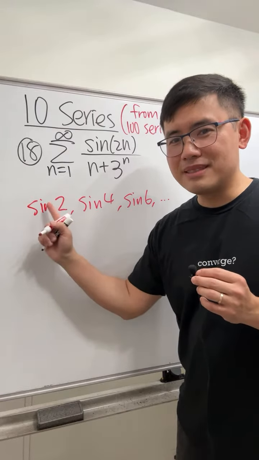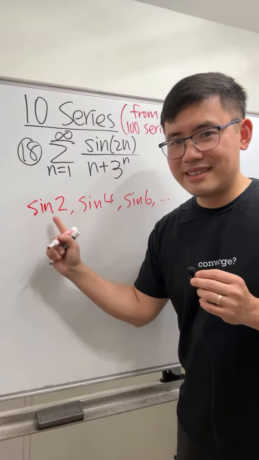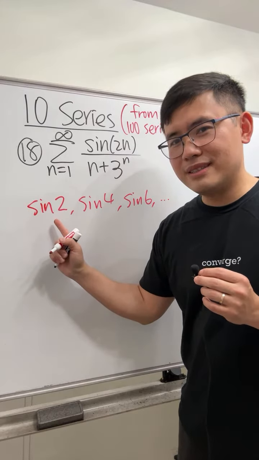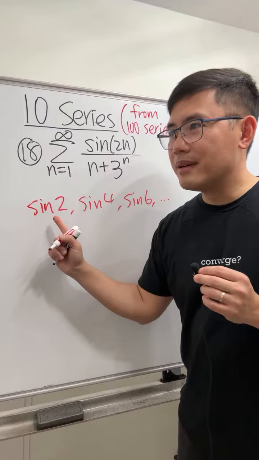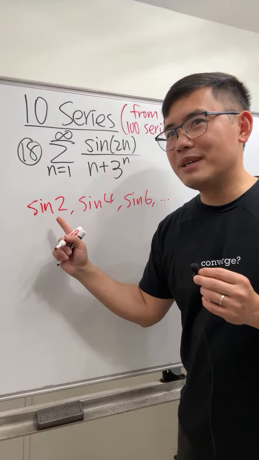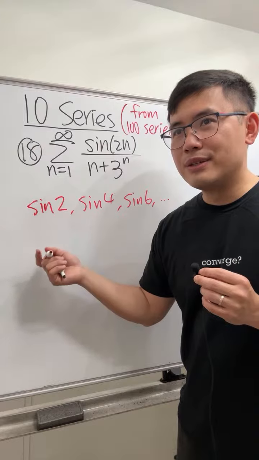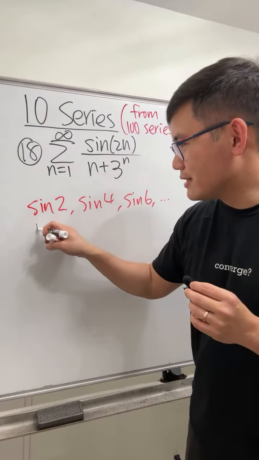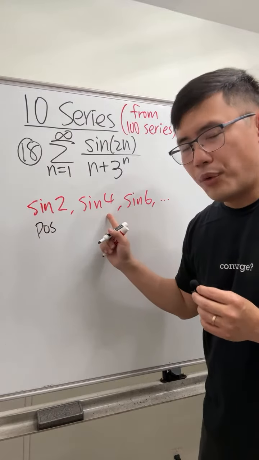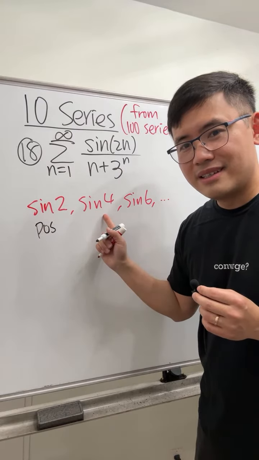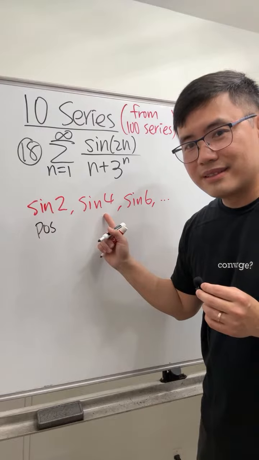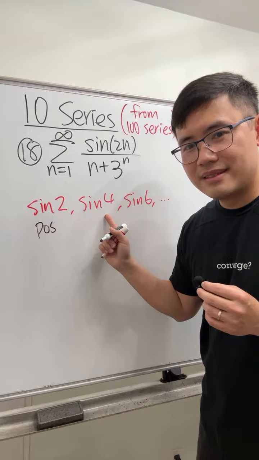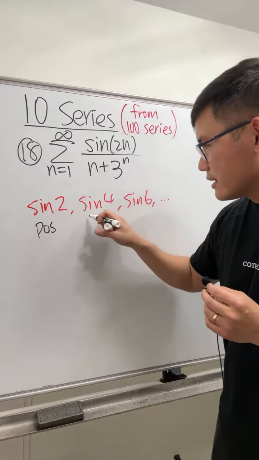Sine of 2 is more than pi? No, it's not more than pi, so it's less than 180 degrees, so this is positive. Thank you. How about sine of 4? This right here is negative, yes.